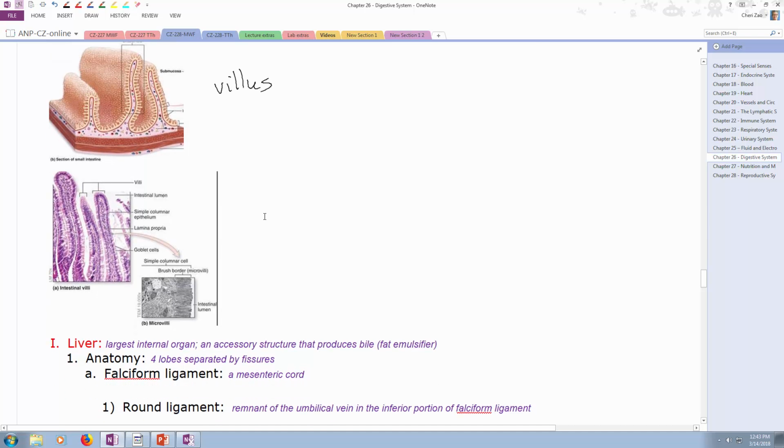Here, this shows you individual villi, all designed to increase surface area. And then we have the microvilli, which is at the cellular level. All of these are designed to increase our surface area.